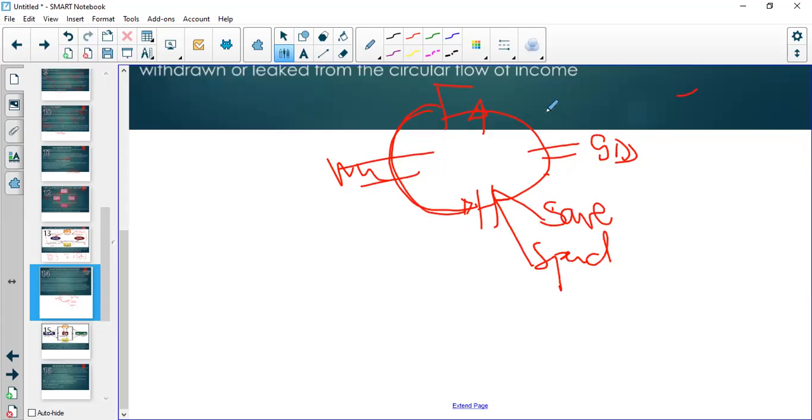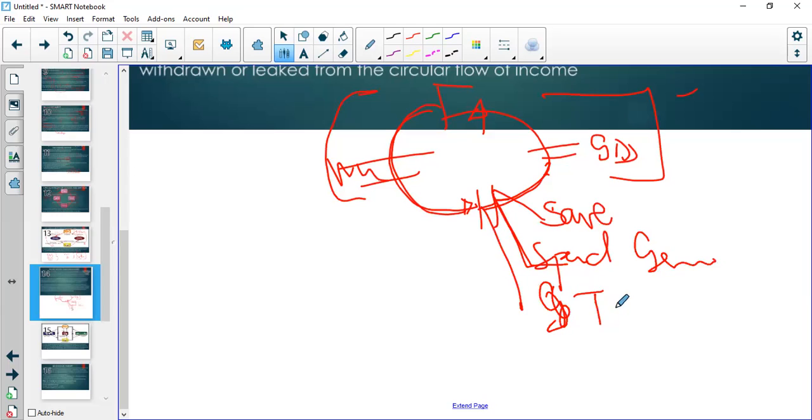We're looking at this circular flow from a South African perspective, so the income that goes to the households is assumed to be spent in South Africa, but that's not always the case because people can go and spend in Germany. Or the government would be able to take some of that money through taxation. So all the money that we received from our firms is not going to be pumped back into the system.